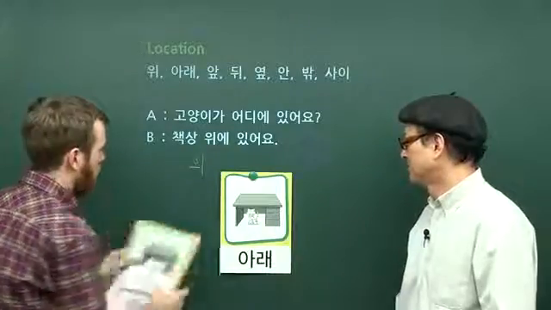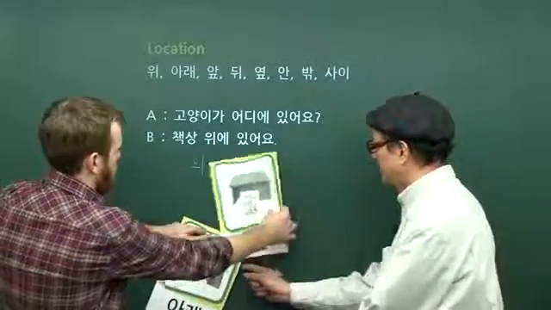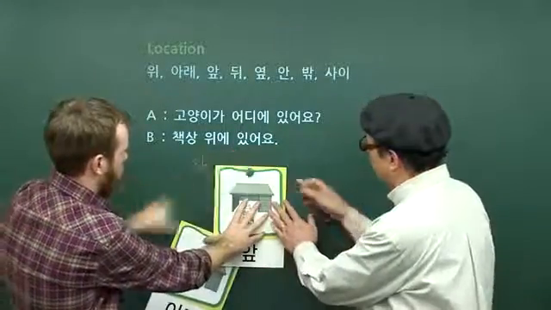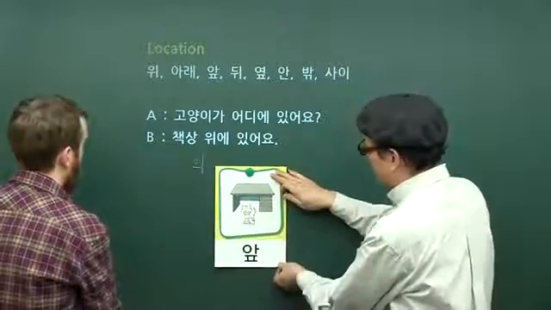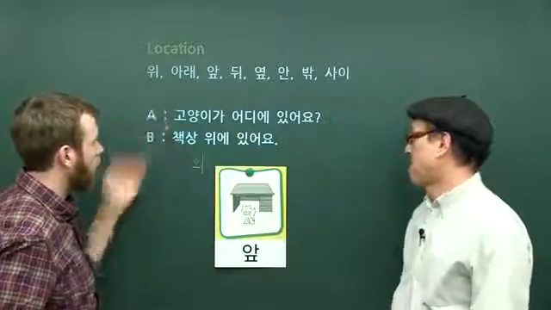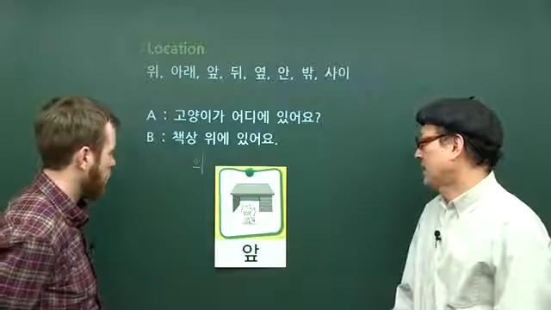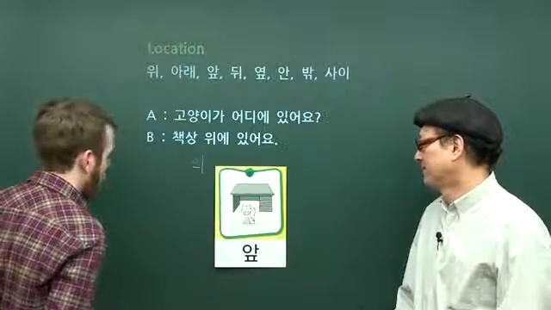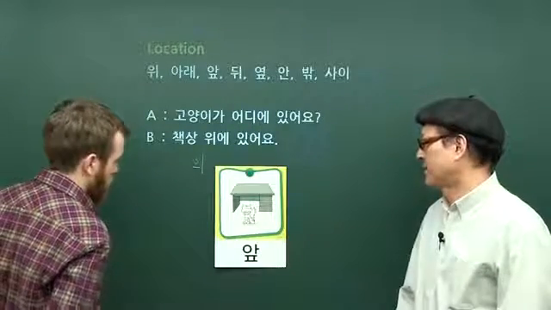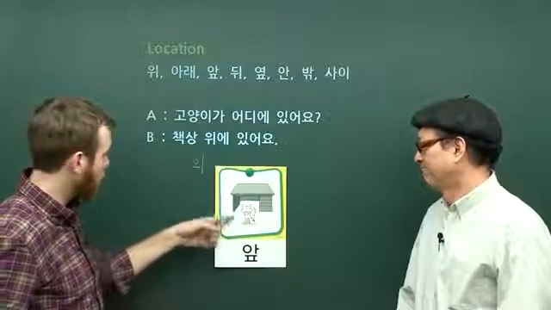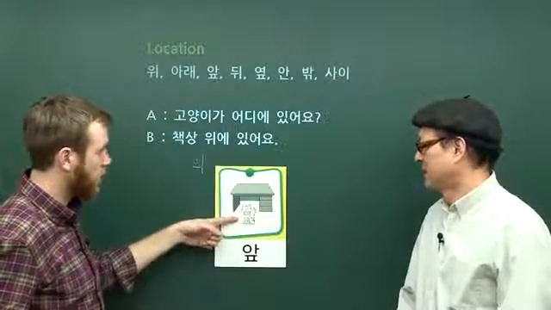All right. Our next example. So now I have the same question. 고양이가 어디에 있어요? 책상 앞에 있어요. So I can tell from the picture here, the cat is in front of the desk.